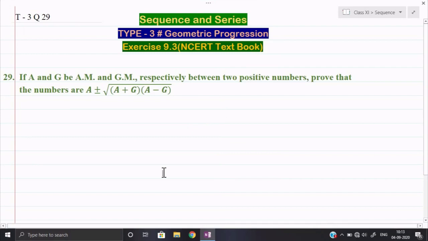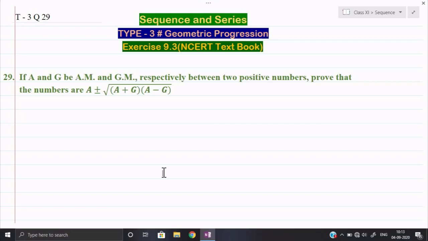In the 29th question, what they are saying is, if A and G be the arithmetic mean and the geometric mean respectively between two positive numbers, that two positive numbers we can suppose by small a and small b, then prove that the numbers are, means here you see the plus minus sign is given between A and the root value. So if I take the plus sign, that will be the value of the first number, and if I take the minus sign, that will be the value of the second number. So basically two numbers' values are given if we separate their signs.